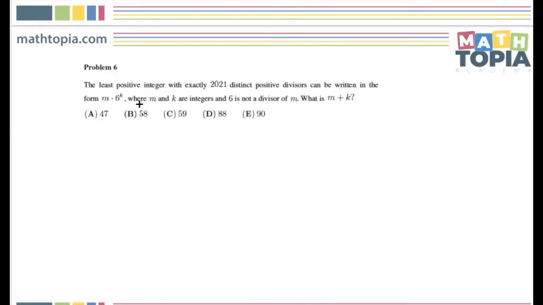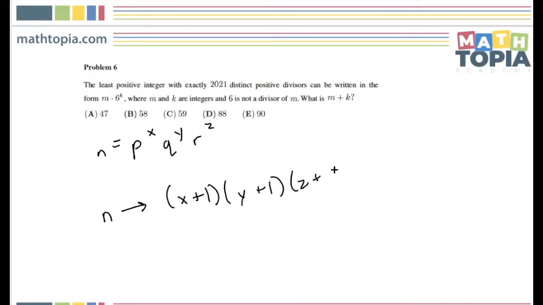Basically, the formula for calculating the number of divisors: let's say our number n is p to the x times q to the y times r to the z. Then the number of divisors of n would be, we take each of the exponents and add 1. This is pretty simple to explain.